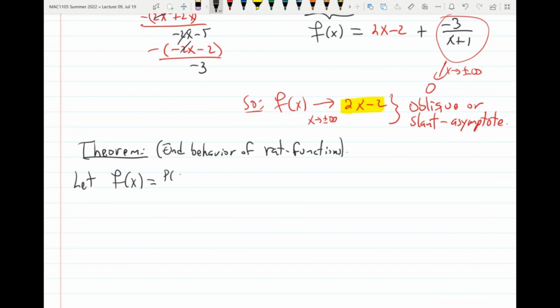Now p is a polynomial, let's say a x to the n plus lower degree terms. I don't care about the other stuff.